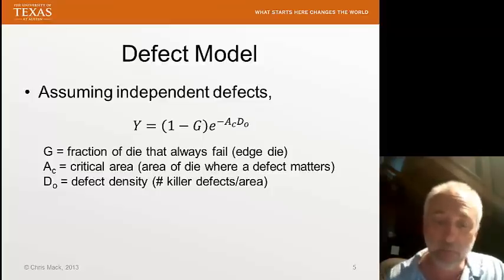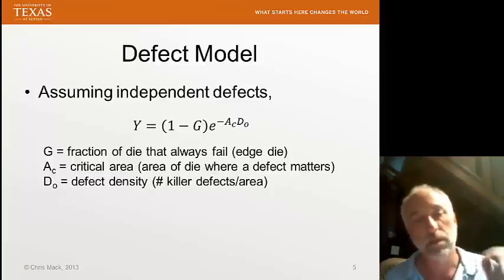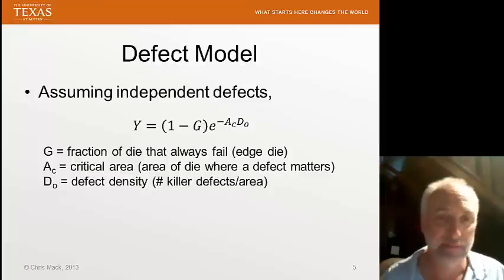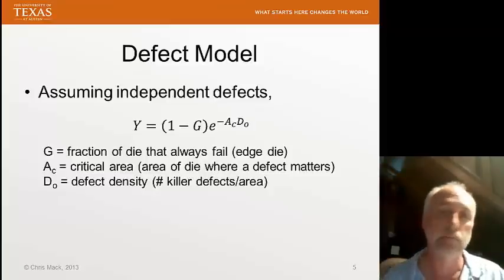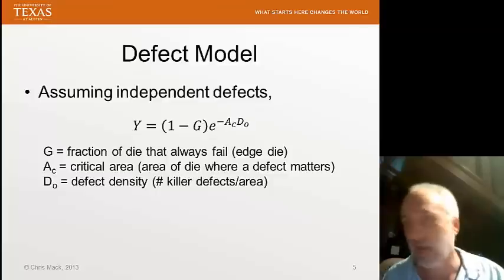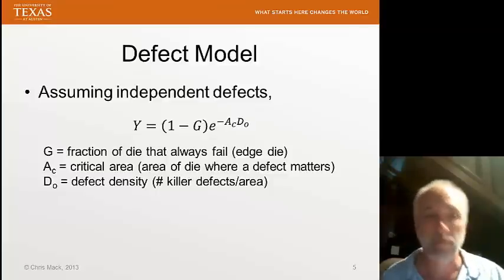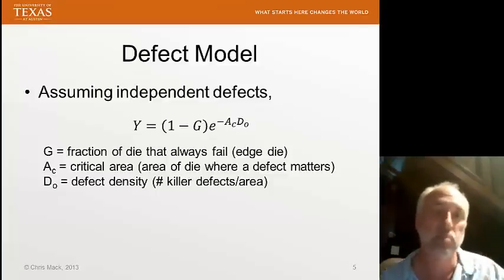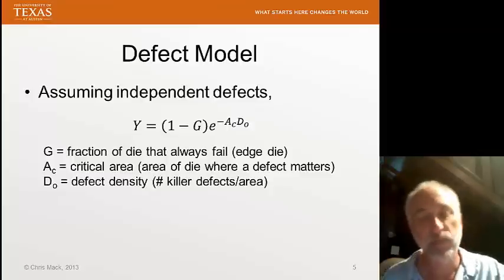And that's important to know because there are always more small defects than big defects. We're pretty good at eliminating big chunks of dirt floating around in the atmosphere and such. But the smaller the defect gets, the harder it is to filter it out, to eliminate it, and keep it away from our wafer. So when we say defect density, we always have to specify what size of defect we're talking about.